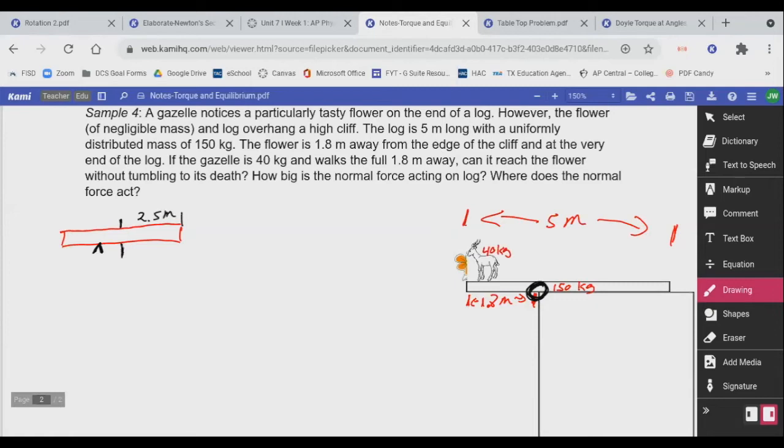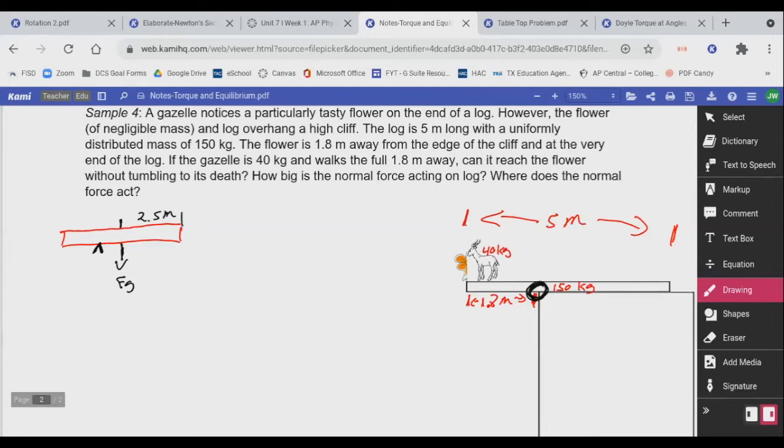This is the place that the force of gravity for the log occurs. All right, this takes a minute to process. The force of gravity for an object occurs at its midpoint, where the center of mass is located. The center of mass for this log is at 2.5 meters from either end. It's at the middle of the 5 meters. That's the force of gravity for the log.